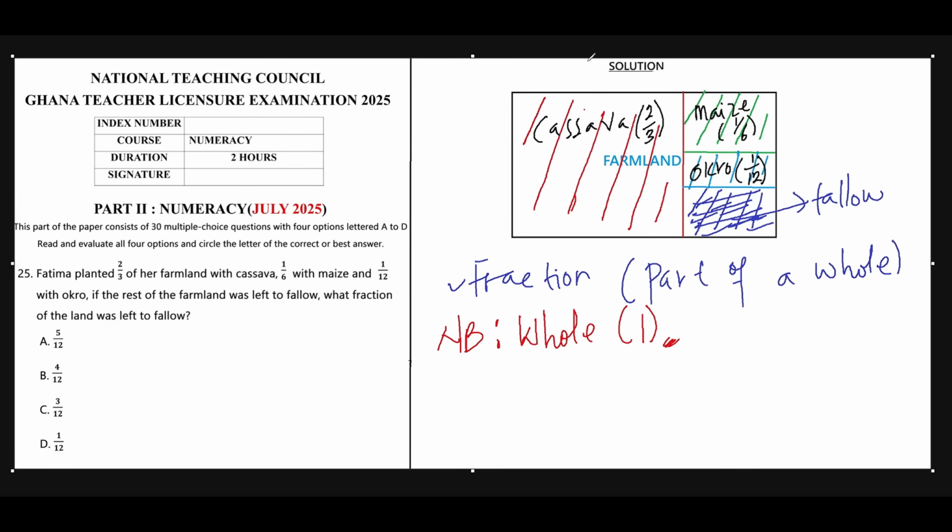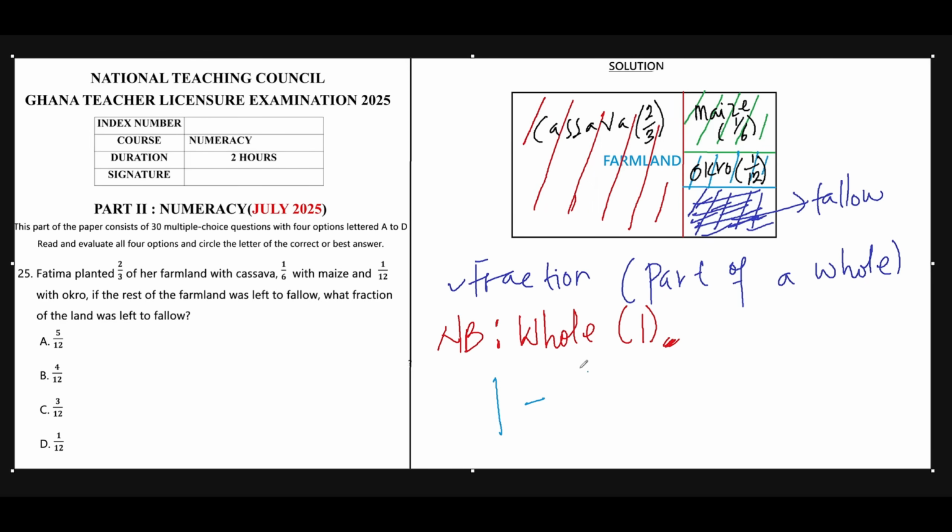Once we know the whole is represented as 1, we should be able to calculate the fraction of land that was left to fallow. We just subtract the used fractions from the whole.